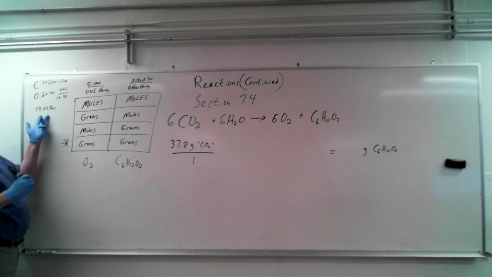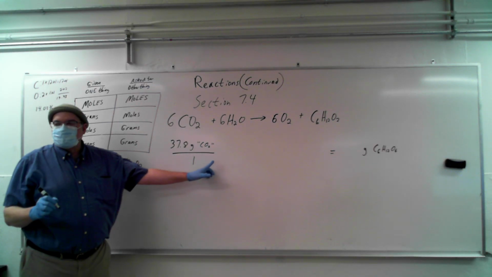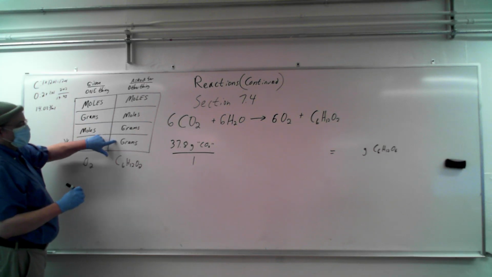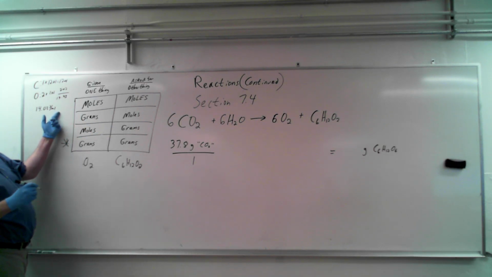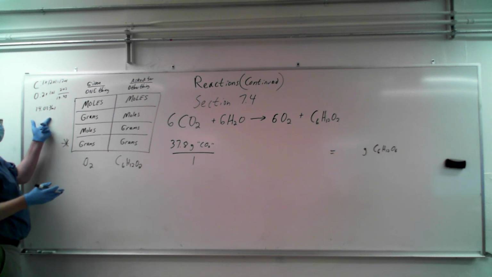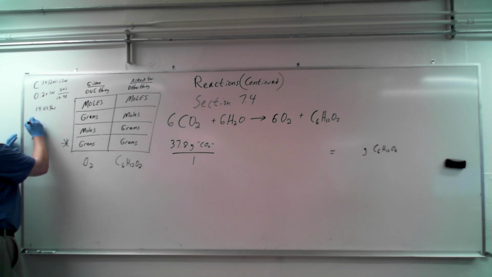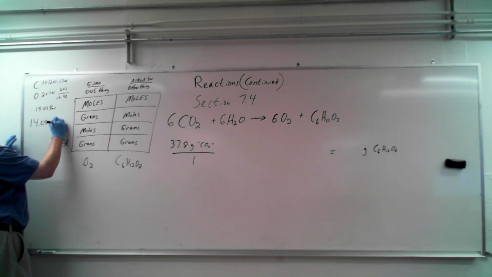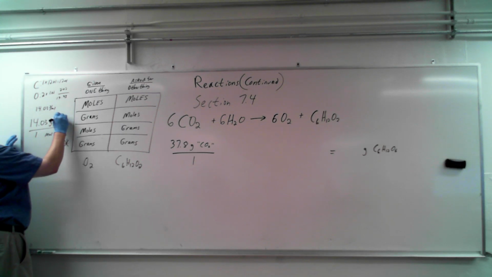So you're going to need that because grams of CO2 is mentioned. So for these, you're going to have to find the grams per mole. Sometimes it'll be given, sometimes I just give you this to make it a shorter problem. But 14 grams of CO2, 1 mole. That's going to be needed.